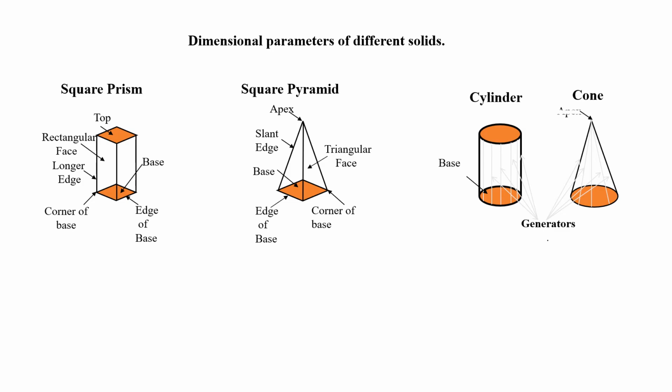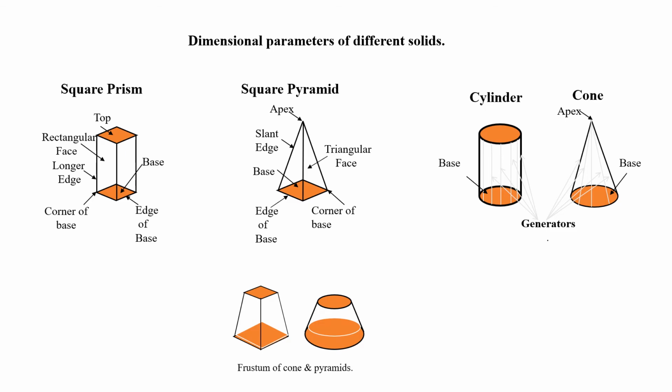The base of the cylinder is a circle. This is the apex of the cone. The base of the cone is again a circle. Apart from this, there are other solids called the frustum of cone and pyramid. If we see these two, the top and base are parallel to each other, otherwise it comes under irregular solids.